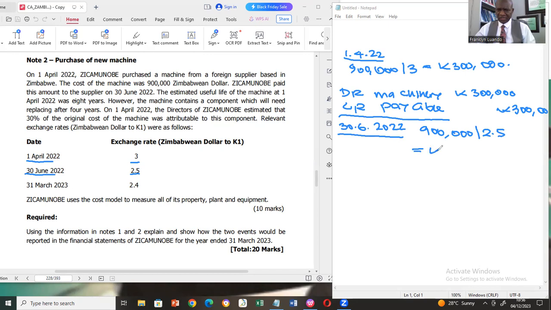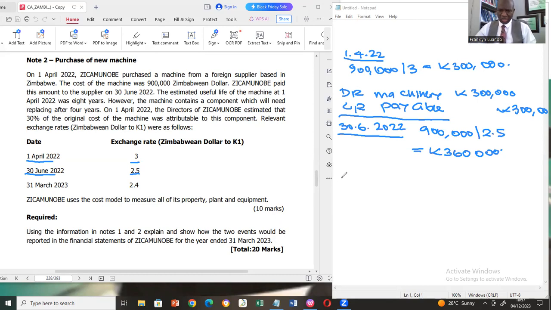This gives us 360,000. Now the accounts payable has increased, which means there is an exchange difference, which is a loss.